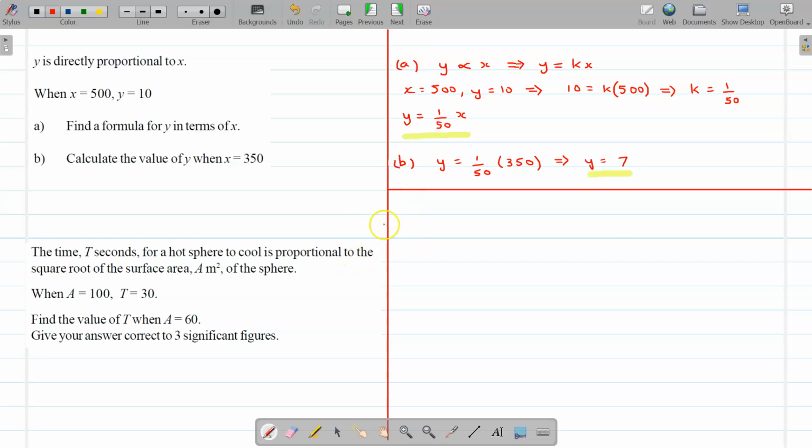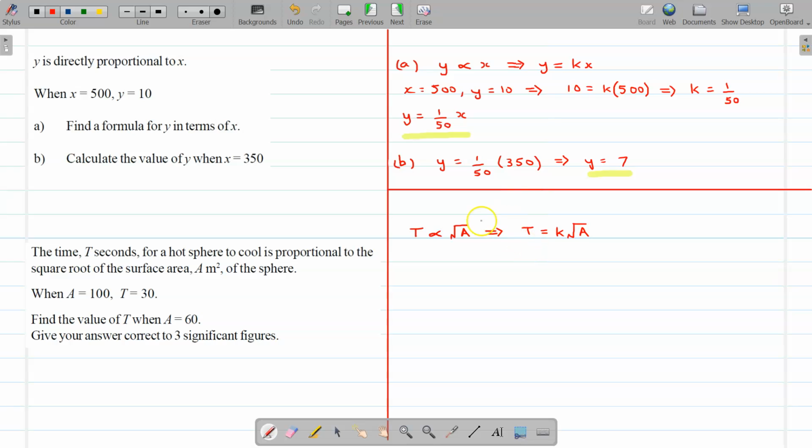Okay, so we start by saying that T is proportional to the square root of A, okay, which means that T is equal to some constant K times the square root of A.